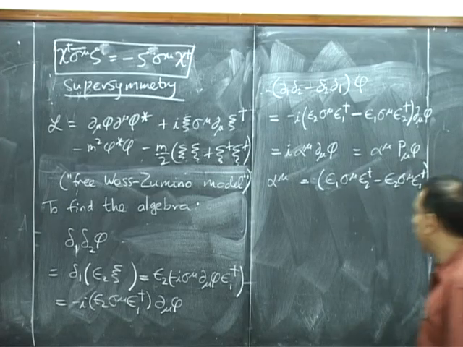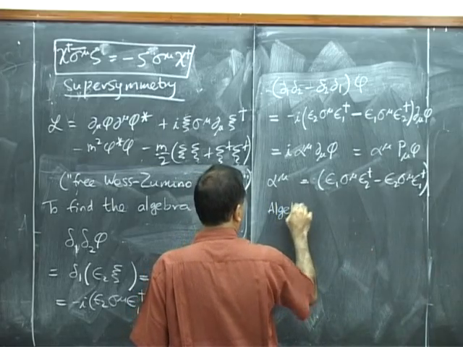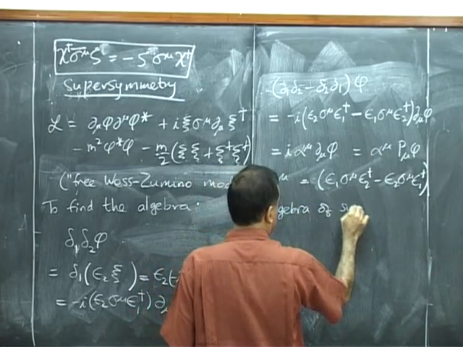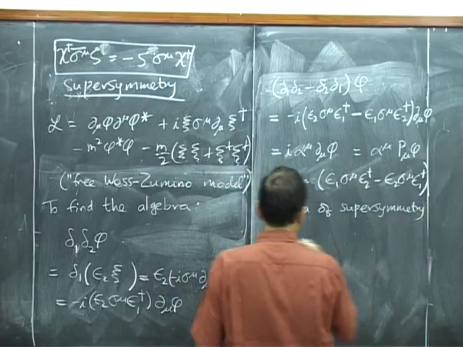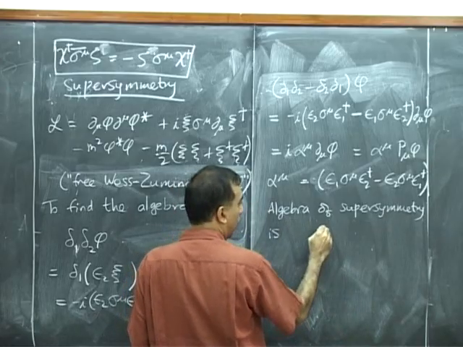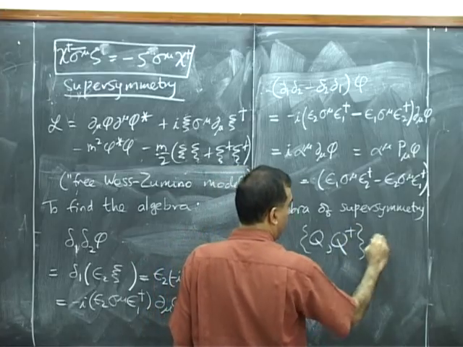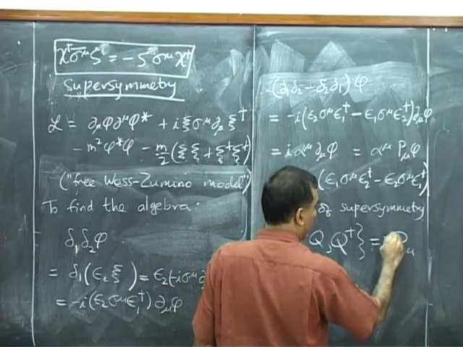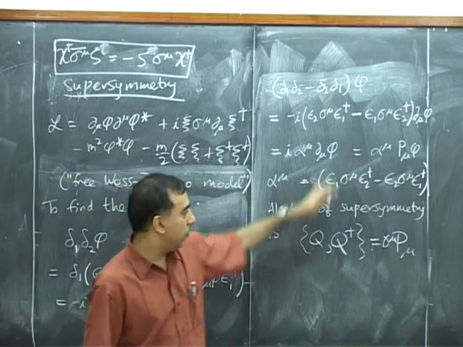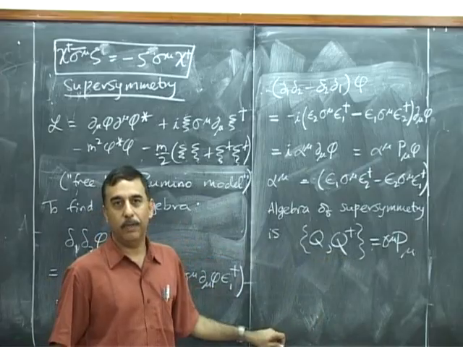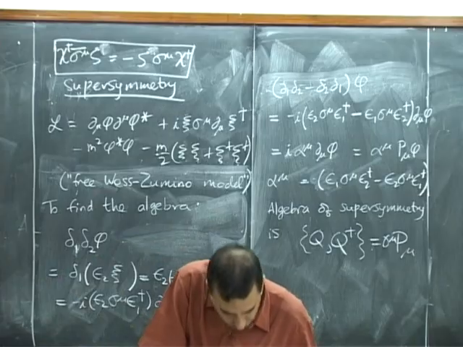And so we see that the algebra of supersymmetry is very roughly Q Q dagger equals P equals sigma mu P mu. But this is just a schematic representation, and I'll define Q very precisely, and we'll actually compute this anti-commutator and see what we should get.